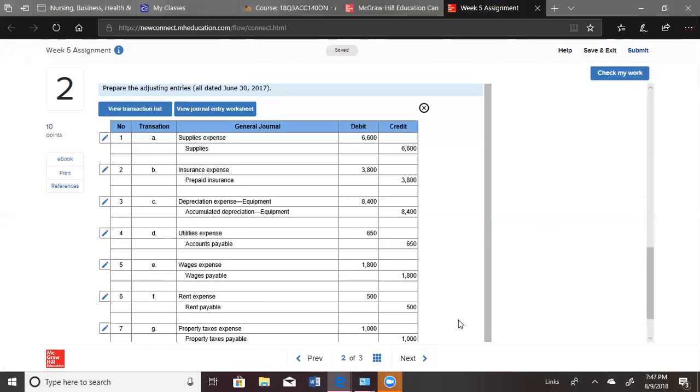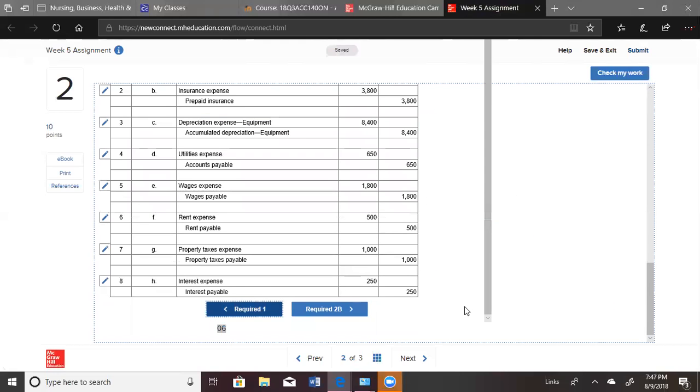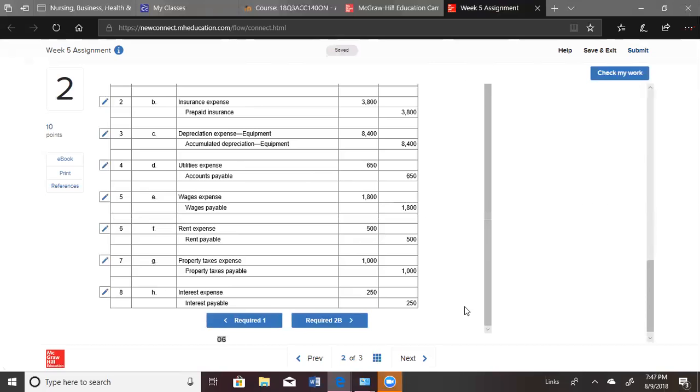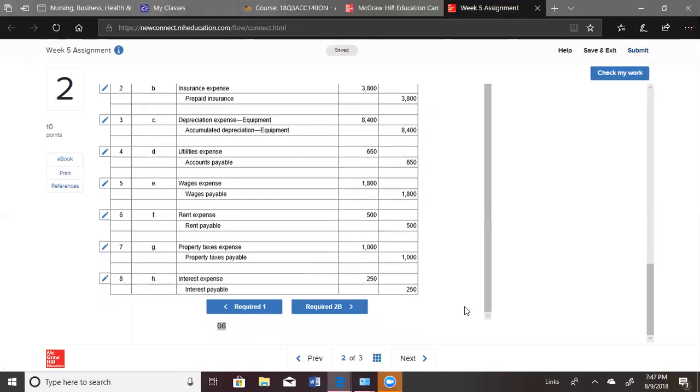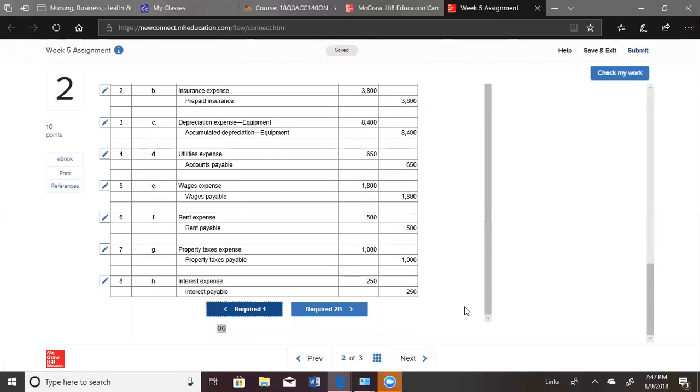All right, so 1,800. Did you fix the $650? I don't think so. It was under utilities expense, and that's a debit. Accounts payable was a credit.